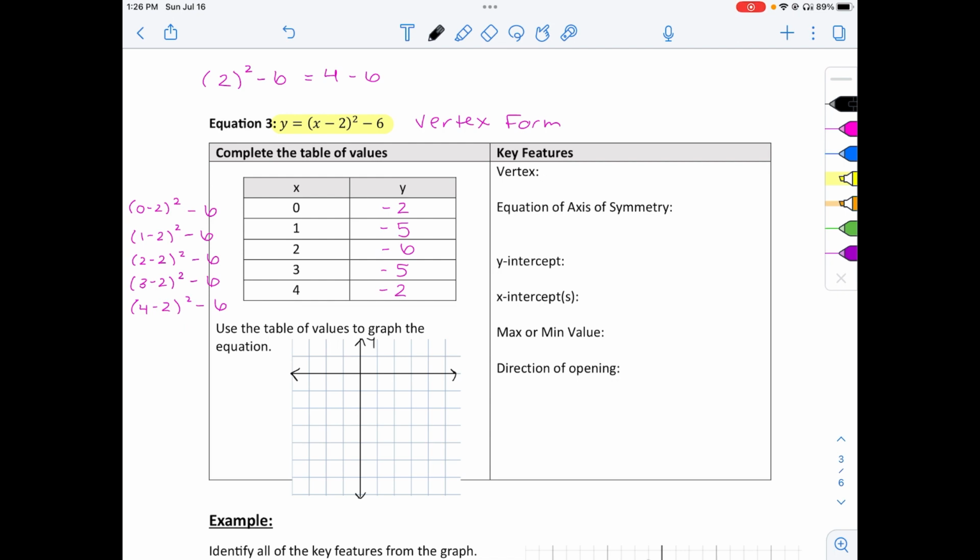So this is y and x, and then I'm going to plot my points. Okay, so my first one is at 0, -2, so that would be here. Then 1, -5 is here. 2, -6 is here. 3, -5, and 4, -2.